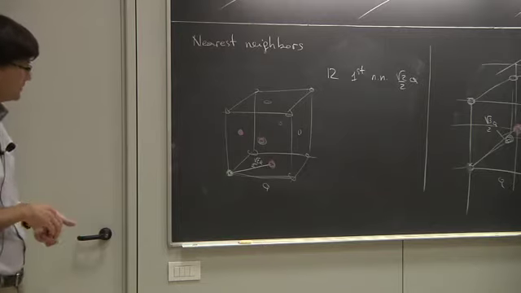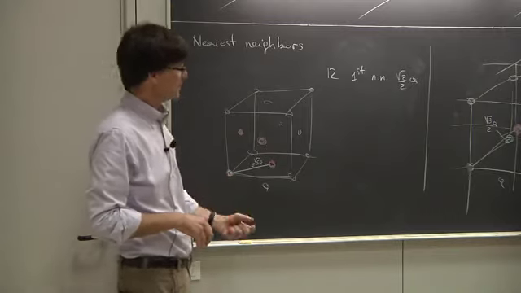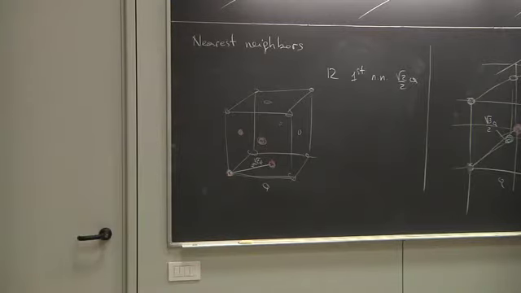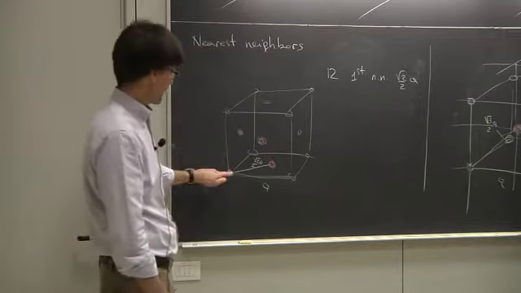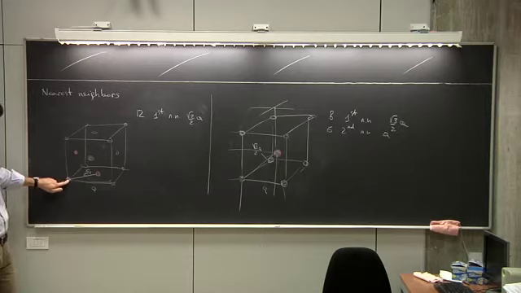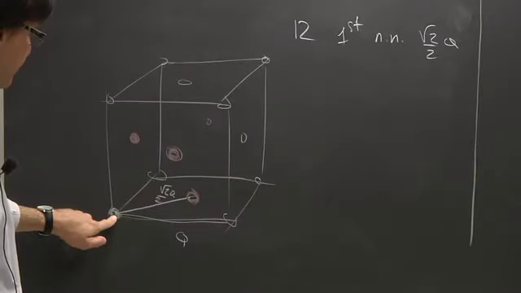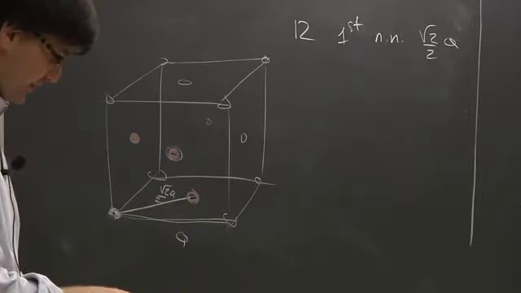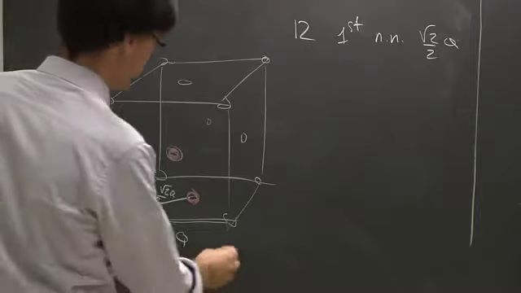Second nearest neighbors for the FCC, where are the second nearest neighbors now? Where do I go if I look for the second nearest neighbors? At distance A, sorry, yes, distance A. So I'm using green, I guess.